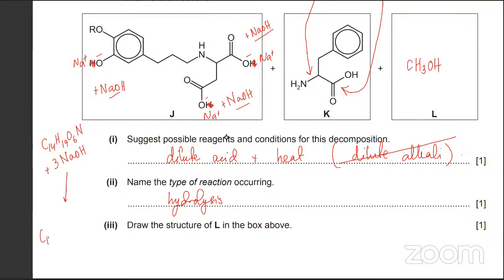It's now C14H16O6N with a charge of -3, which means there would be 3 Na+ ions that would join up with it. If you do crisscross, it's going to be 3 Nas, because the charge is -3, with -1 over here and -1 over here as well.